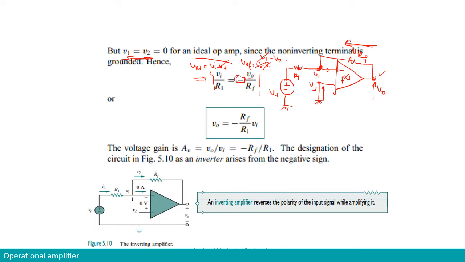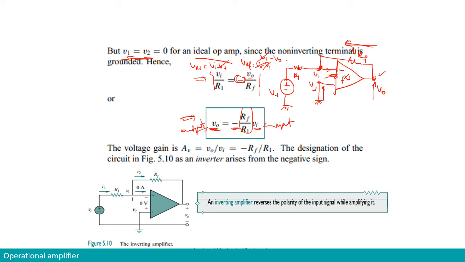If we rearrange the whole equation, because what we're looking for is the output voltage, we get V0 equals minus RF over R1 multiplied by Vinput. The minus comes from the input being applied at the inverting terminal. So this is the input, and now we have the output voltage.